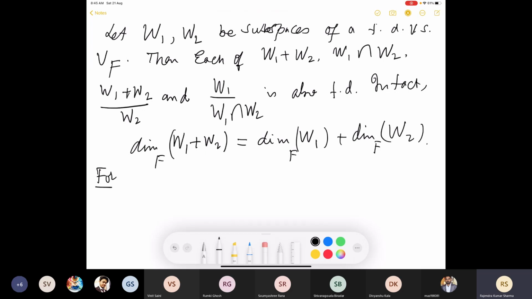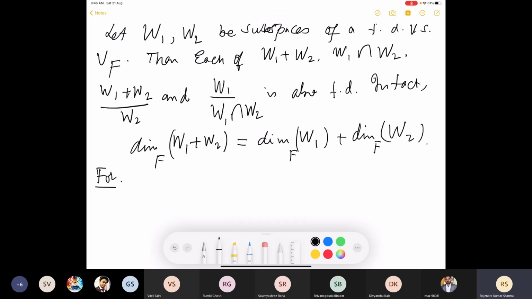So for the proof, the simple thing is as follows. Since any subspace W of a finite dimensional vector space is finite dimensional, the dimension of W1 is finite, dimension of W2 is finite, the quotient space W1 by W1 intersection W2 is finite.